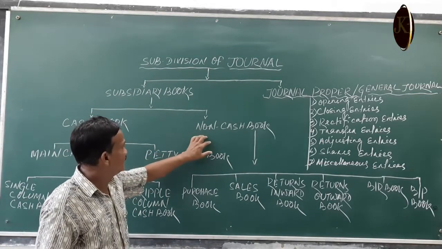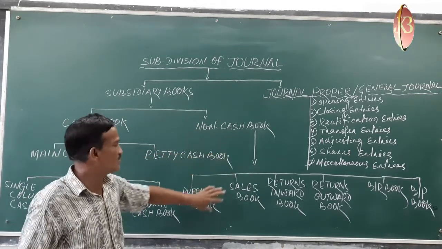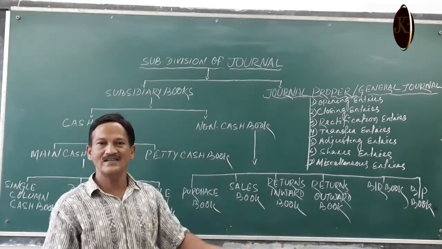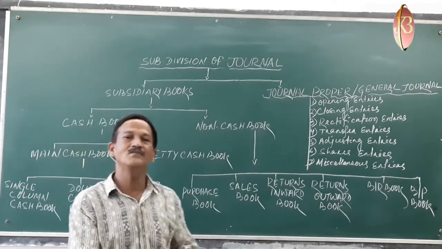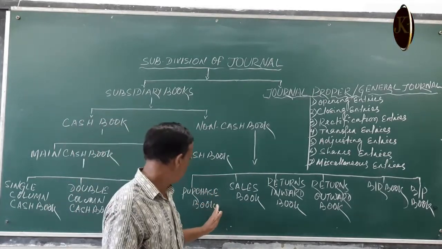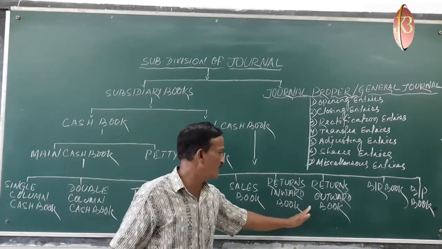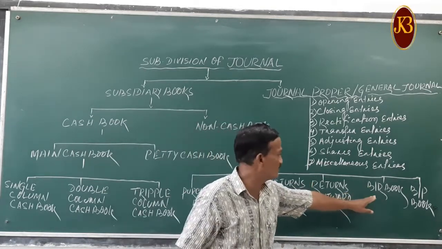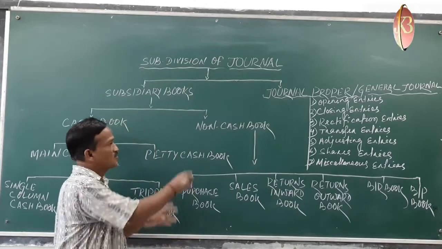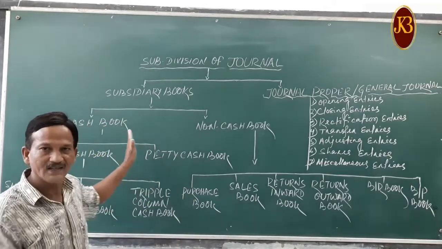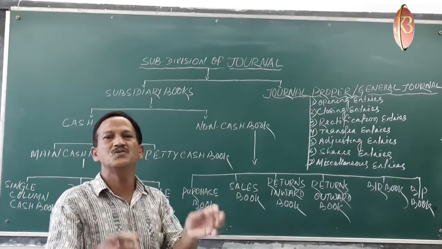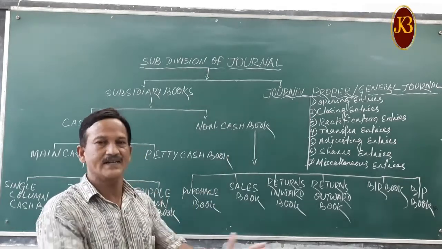And then the non-cash book consists of the purchase of goods related transactions, that is the buying and selling of goods and services, like purchase book, sales book, return inward book, return outward book, bills receivable book and bills payable book. So this is to be subdivided so that the journal transactions are reduced to a small extent.